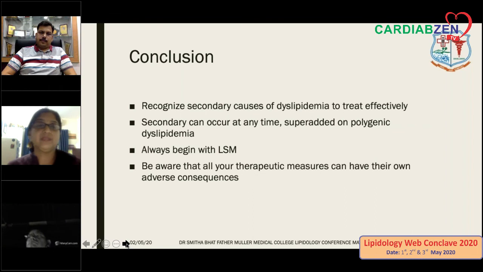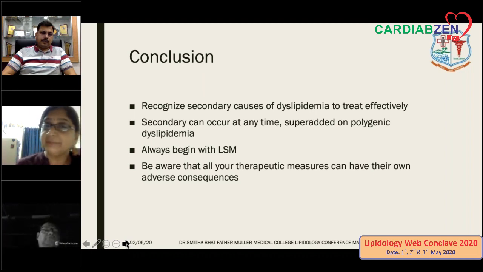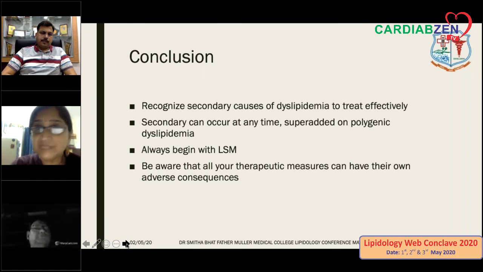In conclusion, I'd like you to remember that to treat dyslipidemia effectively, always recognize the secondary causes. Never forget that the mere fact that the patient has a primary dyslipidemia does not prevent him from getting a secondary exacerbating dyslipidemia as well. Always keep this in mind.